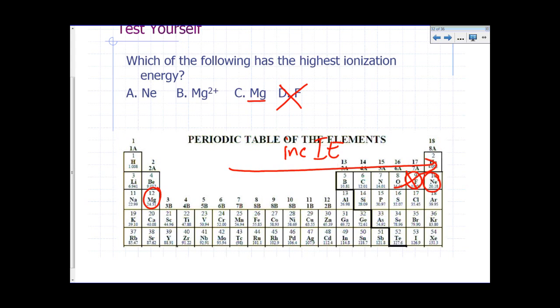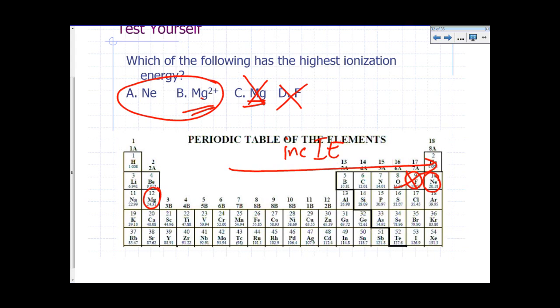So now let's compare magnesium versus magnesium +2. Well, magnesium +2 has already lost 2 electrons. It's going to be very hard to take out another one compared to just magnesium. So it can't be magnesium. Remember, as I go from magnesium, magnesium +1, magnesium +2, and so on, it gets harder and harder to remove the next electron.